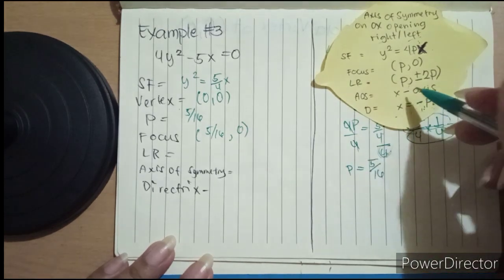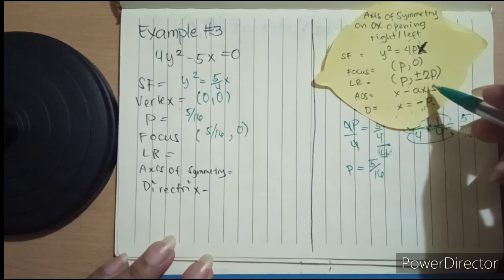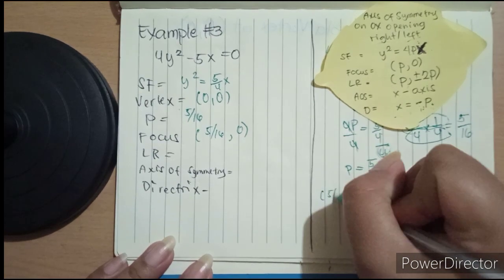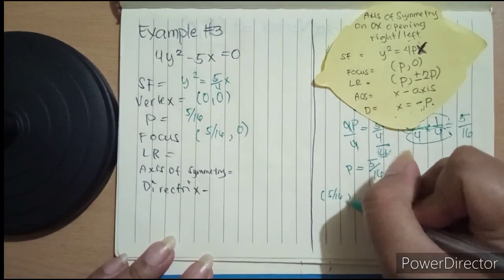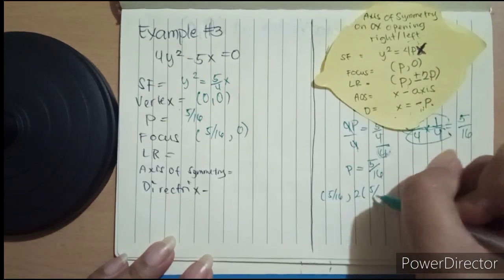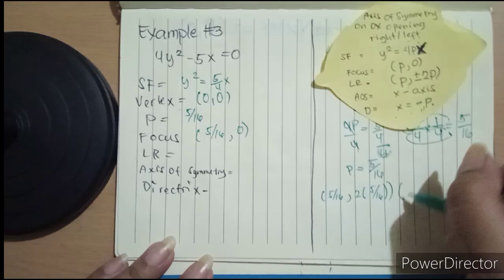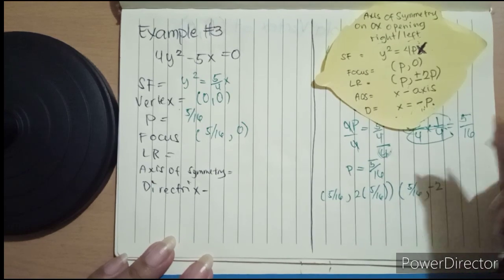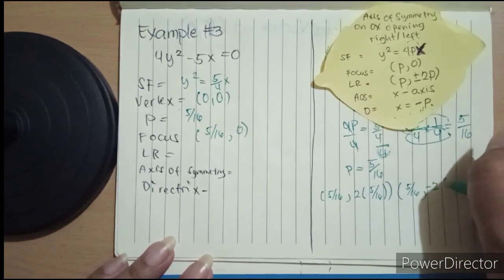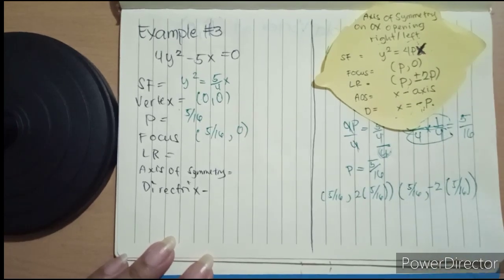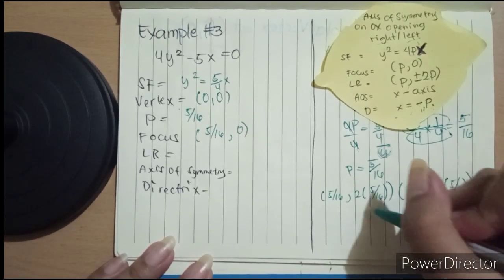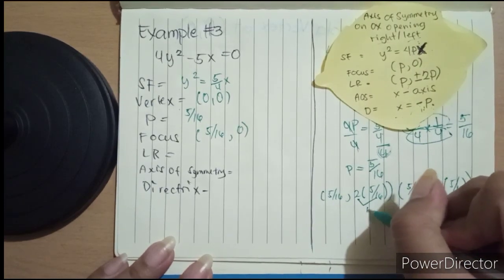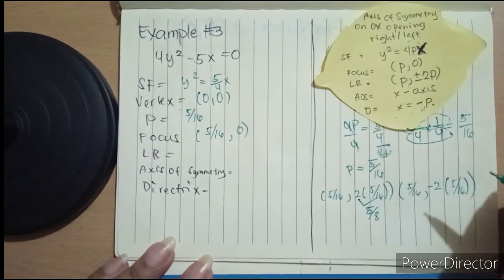And for our latus rectum, we have p, plus and minus 2p. So, yung p daw natin is 5/16, positive 2, imumultiply daw kay 5/16. Then, the other one, we have 5/16, ililess naman daw natin sa negative 2 times 5/16. So, let's simplify. We have 2 times 5/16 ay equal kay 5/8.